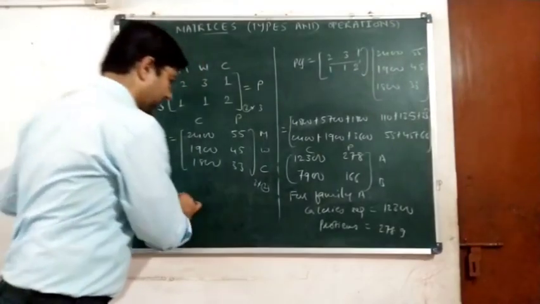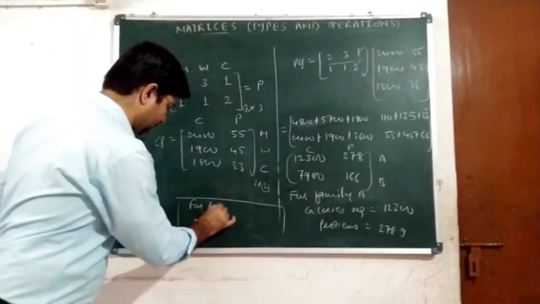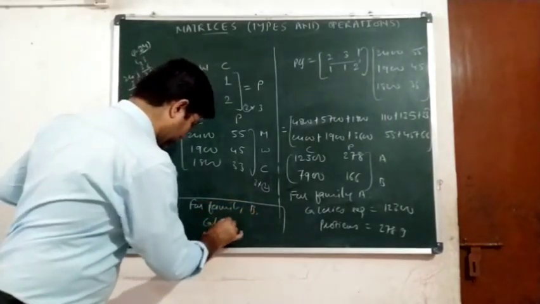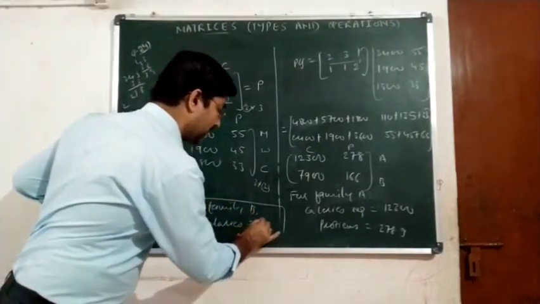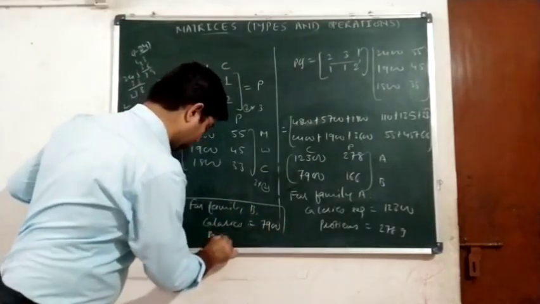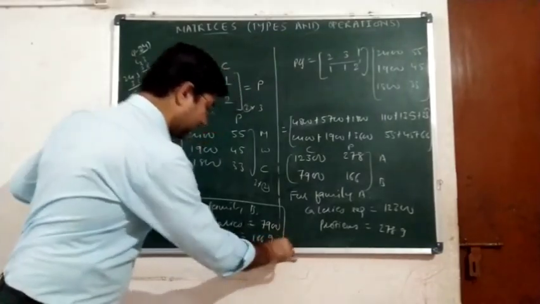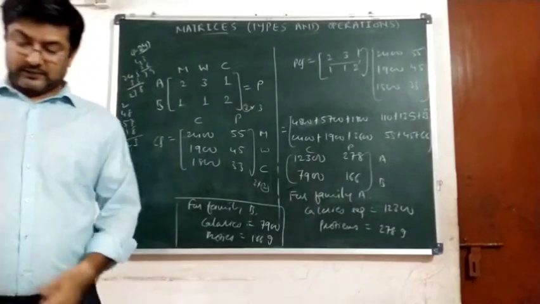Similarly for family B, calories required are 7900 and proteins required are 166 grams. Clear? Please note down, this is the final answer.